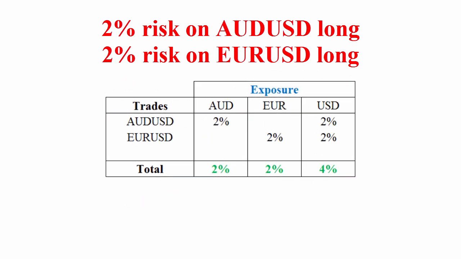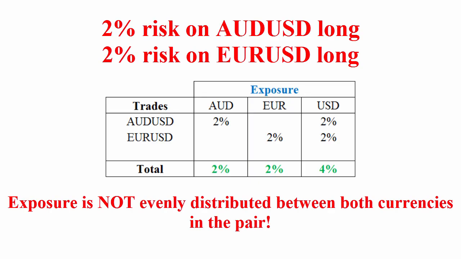If you risk 2% on Aussie USD long, then that entire 2% is exposed to movement in both the Australian dollar and the US dollar. You cannot assume that the risk is split evenly, 1% in Australian dollar and 1% in US dollar. The entire 2% can be lost even if only one of the currency moves against your analysis.